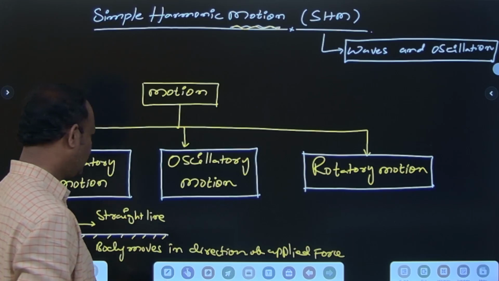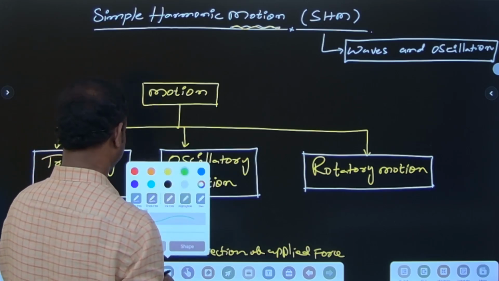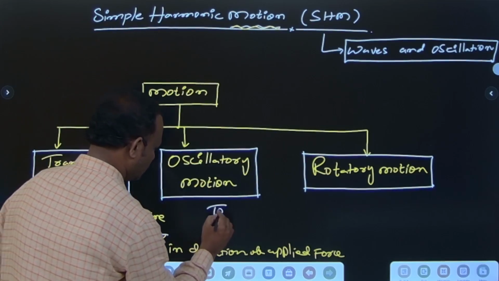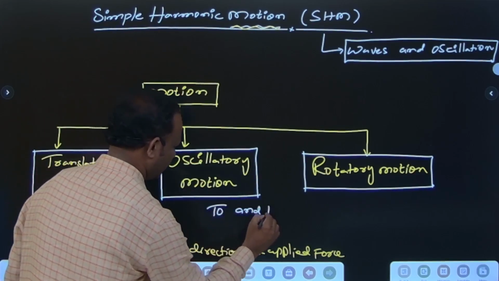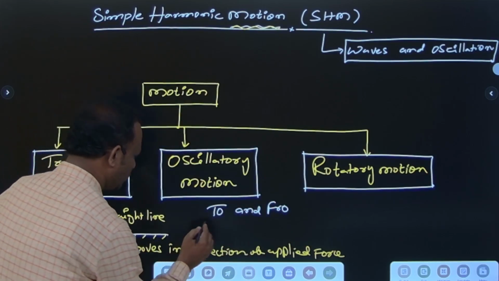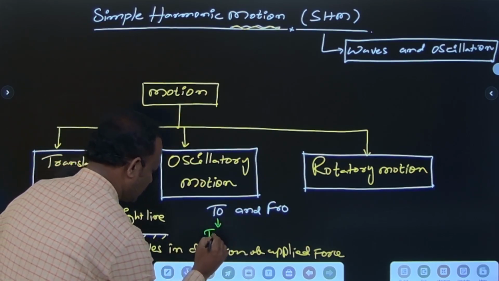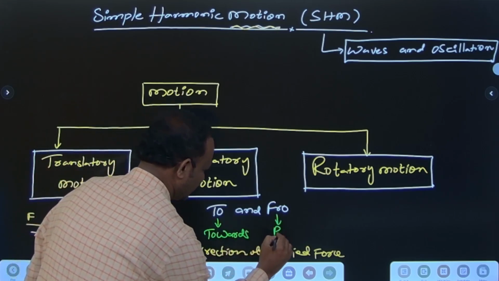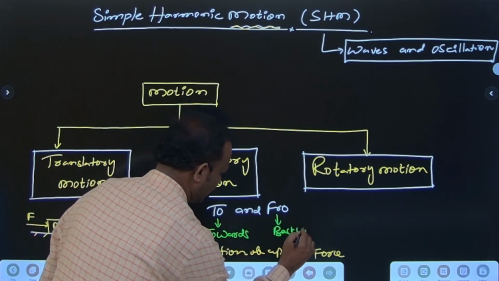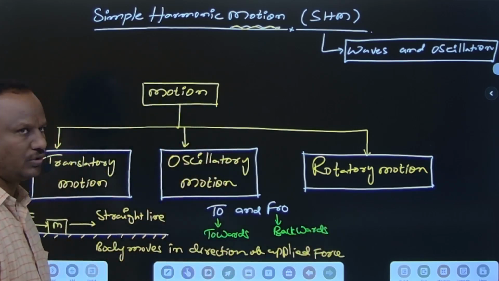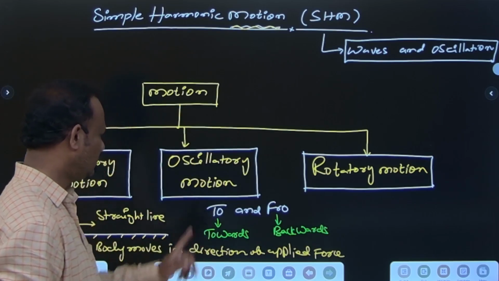So next one, oscillatory motion. Oscillatory motion is to and fro. Towards is forward, and fro means backwards.